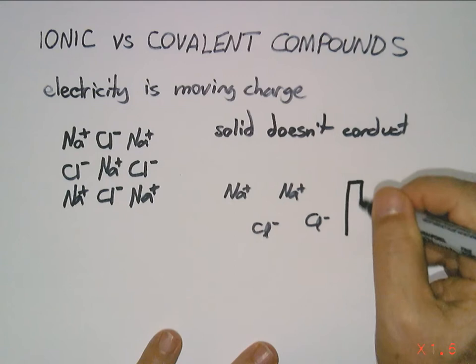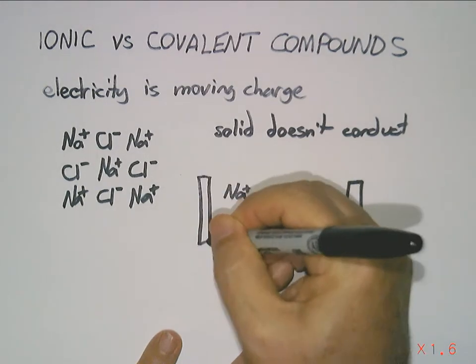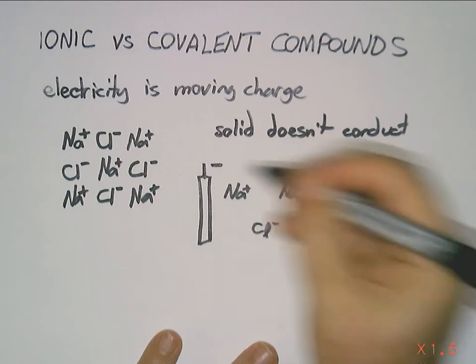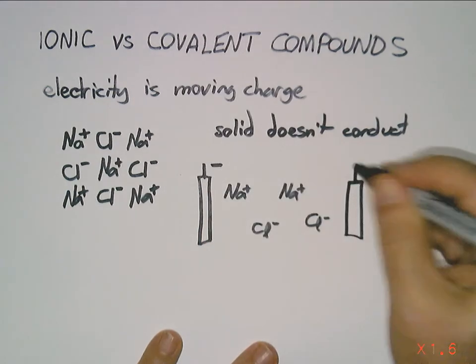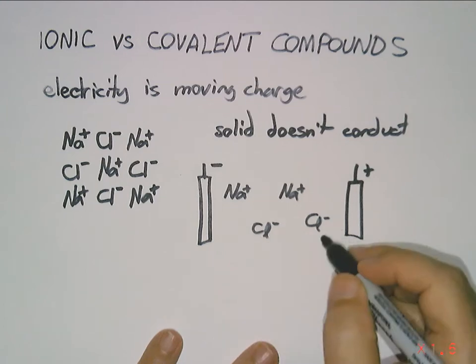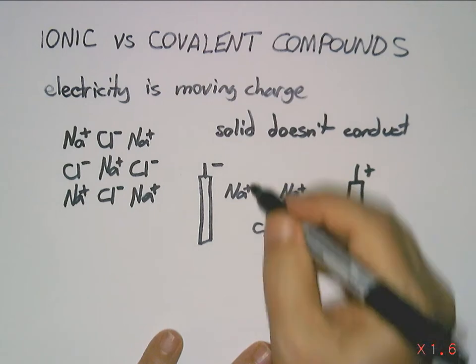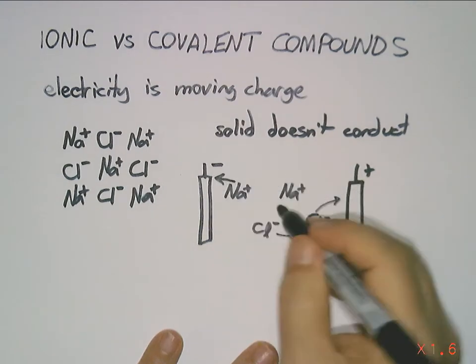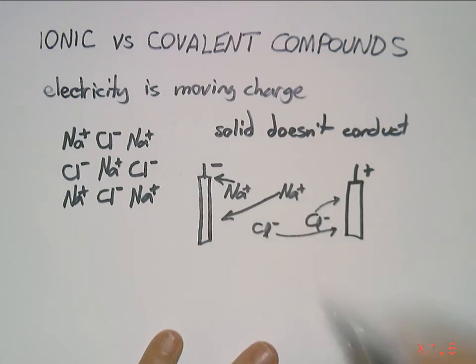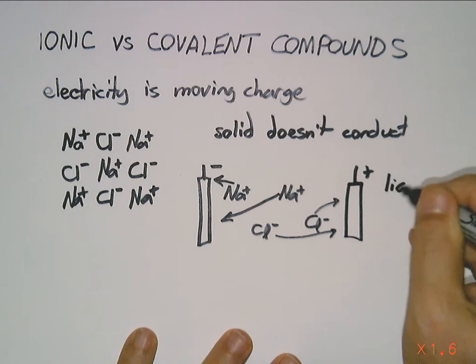You can get those charges to move. What you can do is take two electrodes, two metal plates, put a negative charge on one and a positive charge on the other, and you will see that the negatively charged ions will migrate towards the positively charged plate. And ditto for the positively charged ions, they'll go after the negatively charged plate. And because you have moving charges here, the liquid does conduct.